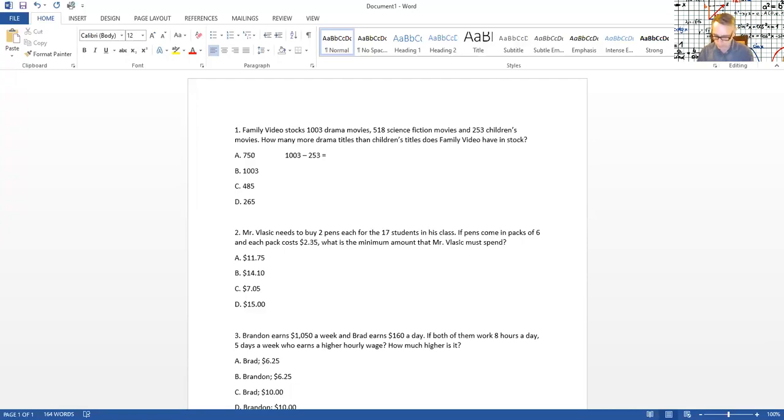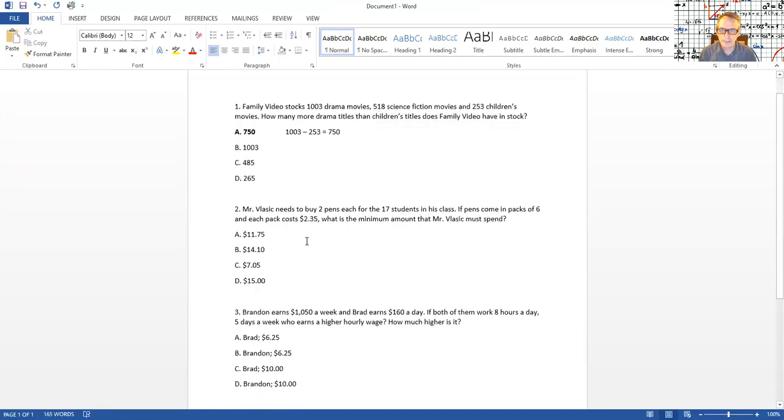That'll come out to, you don't even need a calculator for this one, 750. Since I can't use freehand to circle it, I'm just going to make it bold. That's the answer. So that's A.